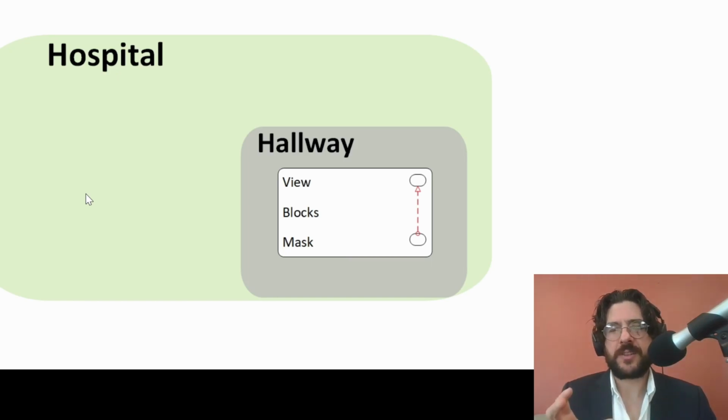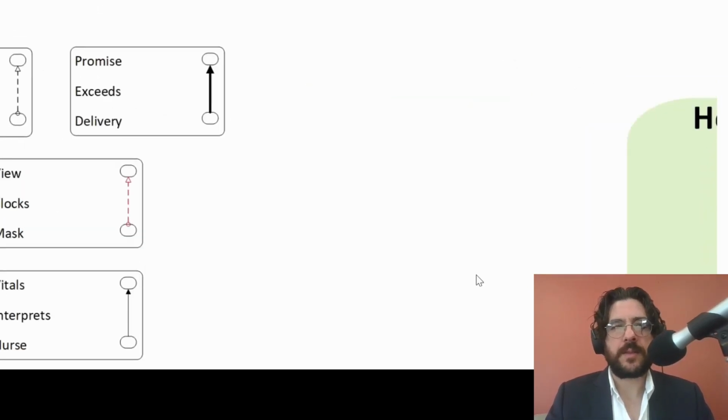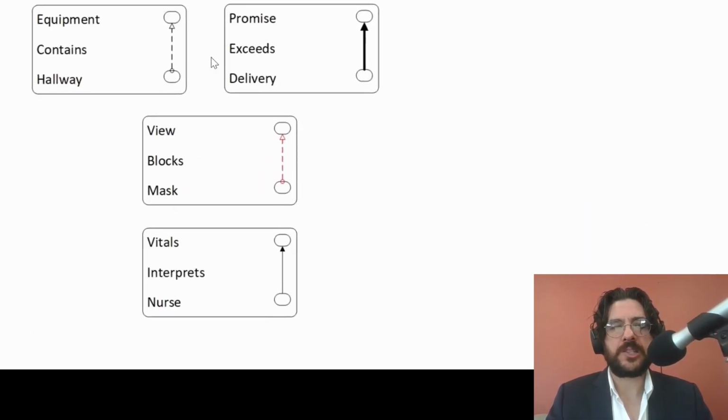Again, if there's any questions on this, if you're not quite clear on some of these things, please let me know in the comments. Also, sorry, I forgot to mention, with these relationships here, in the traditional TRIZ methodology, for a harmful relationship, they use a red squiggly line. I still use that sometimes if I'm sketching, but I really like to use Visio.